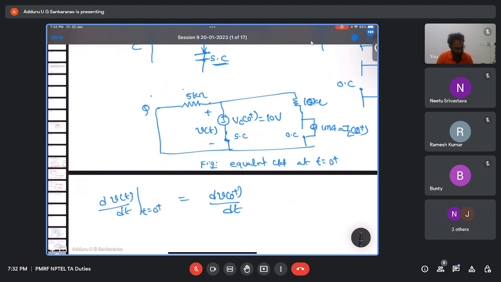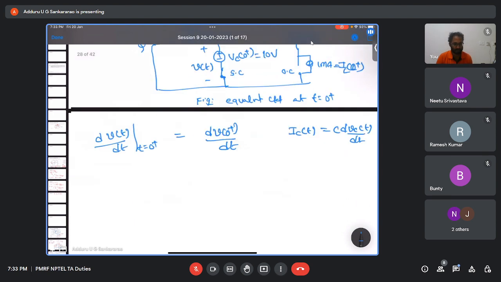Now for this, what I want actually is the capacitor current. I think we have some relation, right? IC of t is C dV by dt, right? For a capacitor, this relation you know.